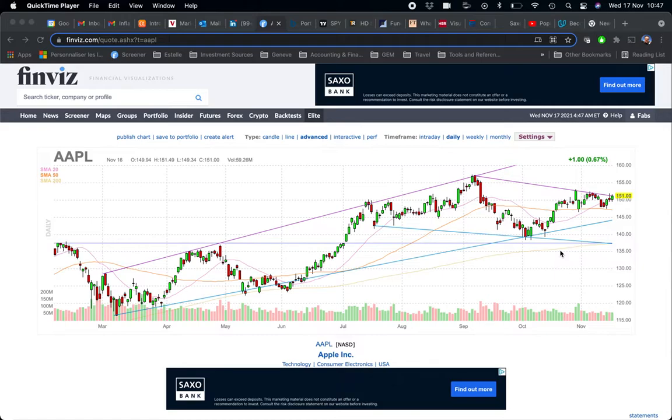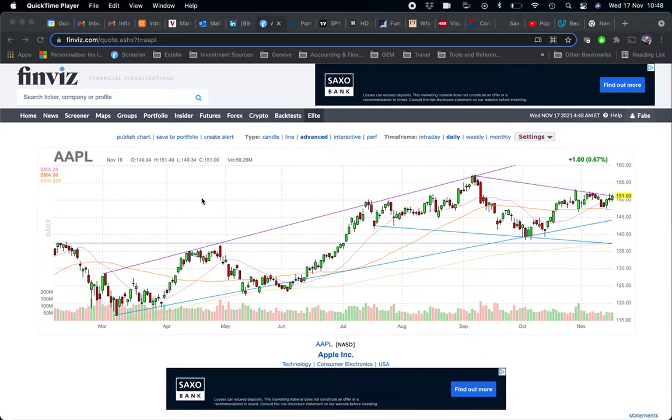So the question is, how can I protect my profits using what was taught in class? We can use trend lines, moving averages, and support levels. This is what we're going to show in 2 or 3 examples, and please use these ideas to develop your stop loss in your portfolios.